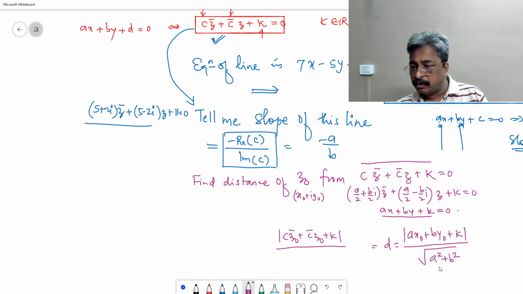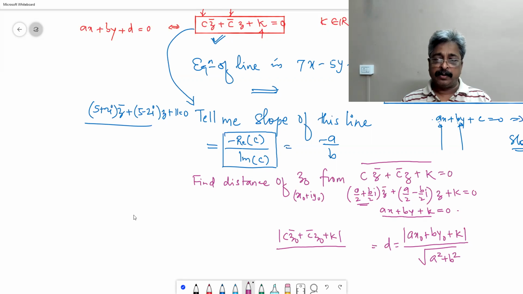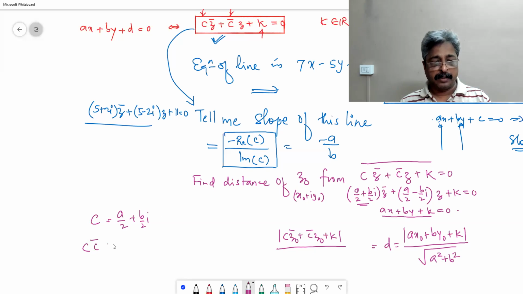And now I want to figure out what this a square plus b square is. So if I take c, which is a by 2 plus b by 2 i, then what is mod c? c bar is equal to a square by 4 plus b square by 4, that is what c c bar is, which is mod c square. Yes or no?